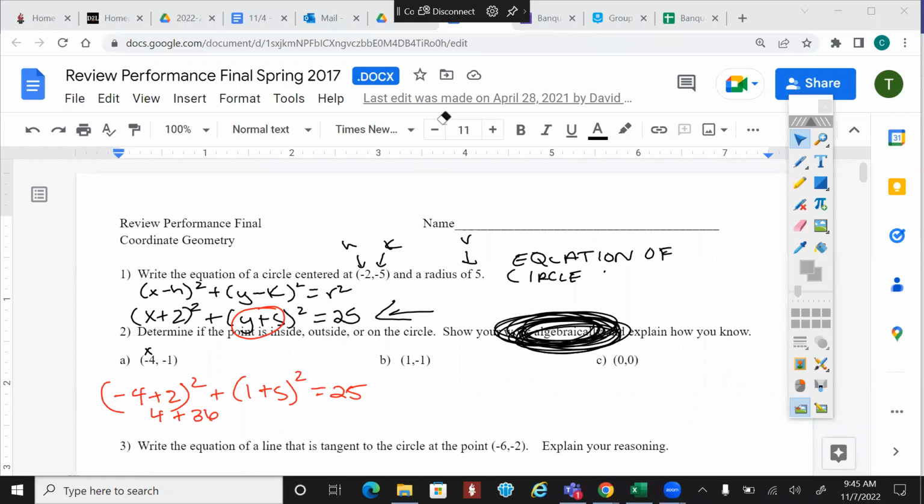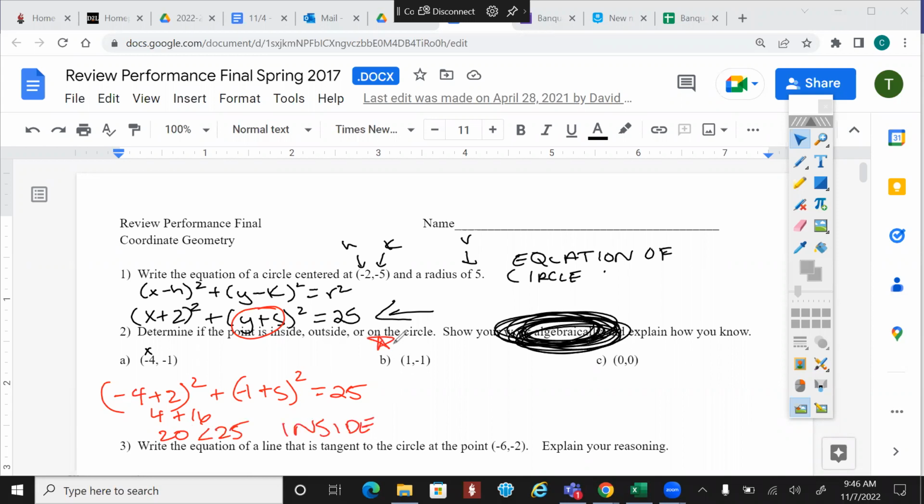Oh, there we go. -1 plus 5 is going to give me 4. 4 squared is 16. Is 4 plus 16 25? No, but 4 plus 16 is 20. Is that less than 25? Yes. So this is going to be inside the circle.